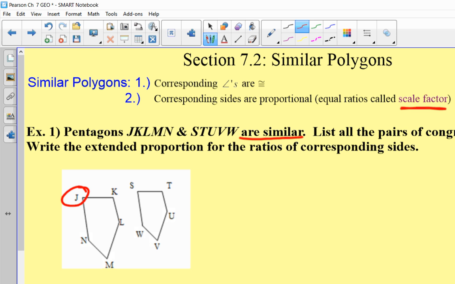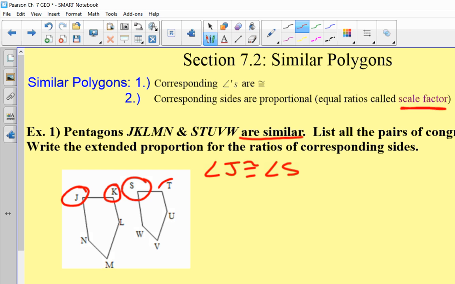You can start wherever you want, but let's just do the same today. Angle J is going to be congruent to its corresponding angle. Okay, so I'm assuming that angle J and S are corresponding. All right. So they're congruent to each other, all right? And I'm just going to now go around the figure doing that, all right? So I'm going to go clockwise.